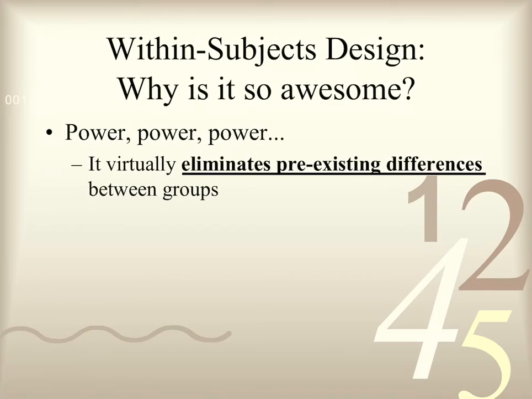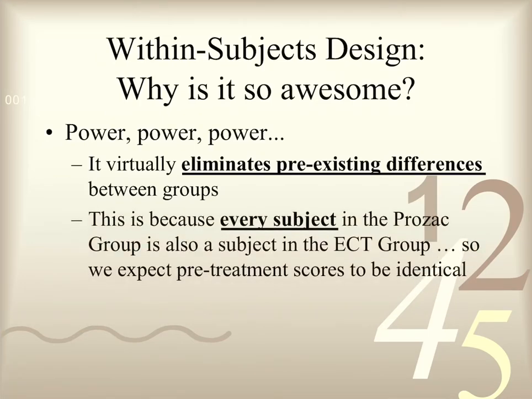For within subjects design, we virtually eliminated pre-existing differences because every participant in the Prozac group is also a participant in the ECT group. So what we'd expect is their pre-treatment scores on depression to be identical, or at least nearly identical, right?